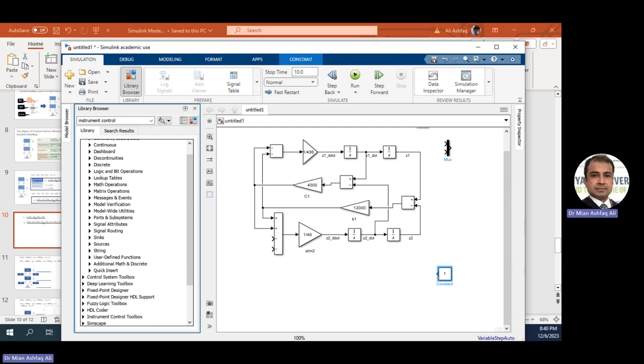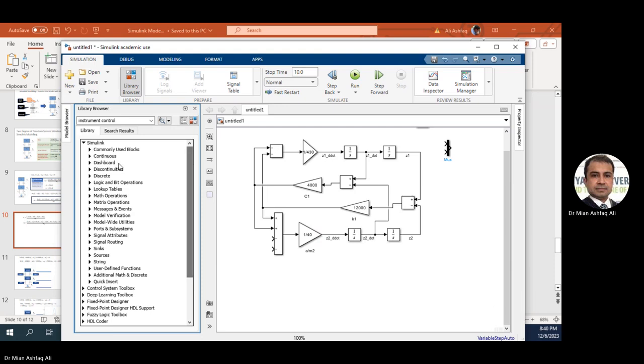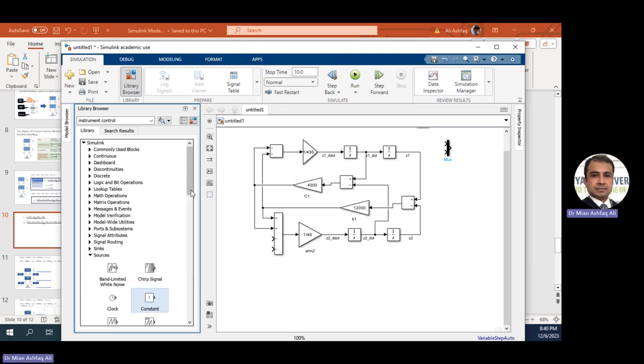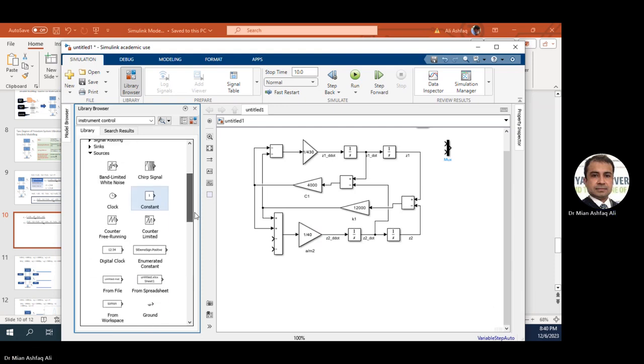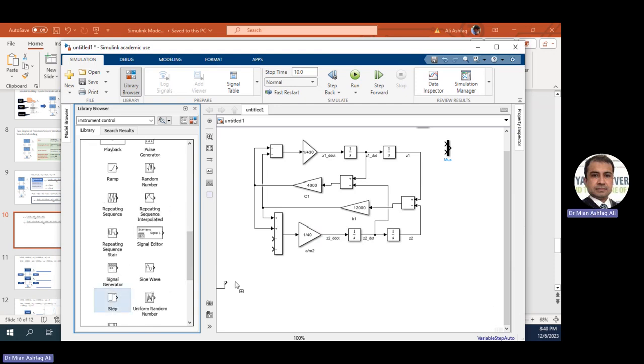So instead of this one, let me make a step function for the source. So source, I can choose a step input. I can Control I invert it.